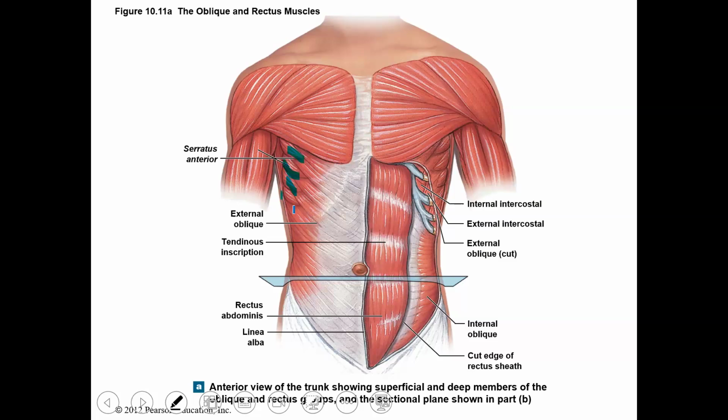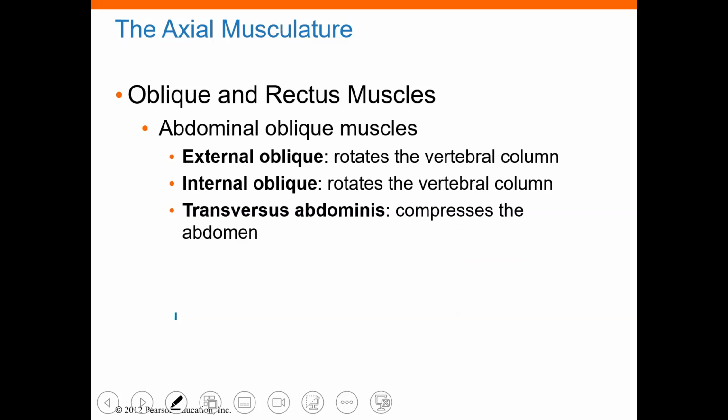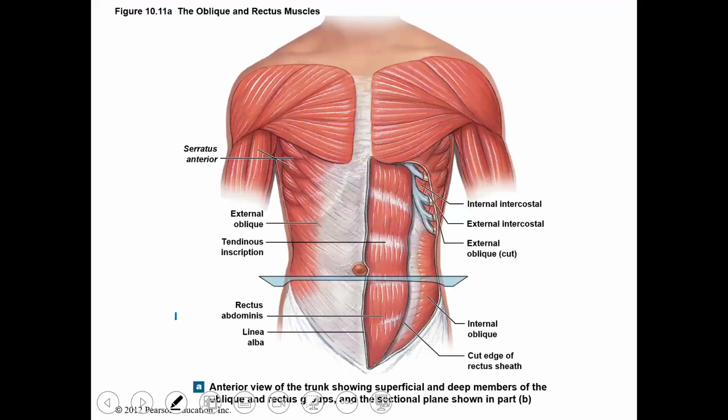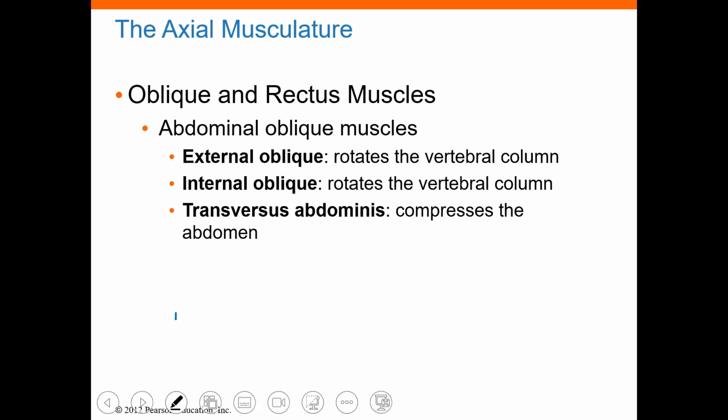So see those serrated edges, those little finger-like edges there? So oblique and rectus muscles here. So abdominal oblique muscles, the external obliques rotate the vertebral column, and so do the internal obliques. Just look at the difference here of the orientation of the fibers. So they kind of go one on top of the other here.